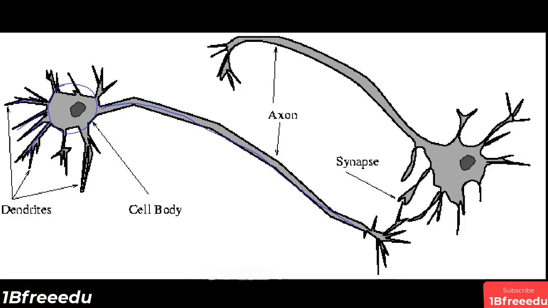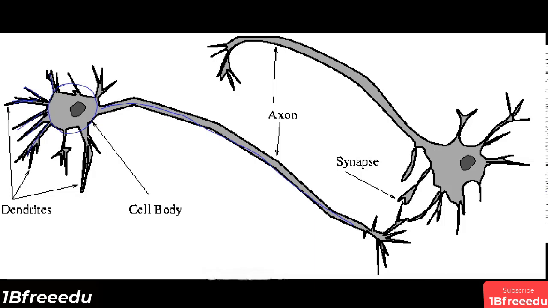So this neuron receives input through these dendrites, right? The sources of input may be other neurons. That means this neuron receives input from other neurons, or it may receive input from the sensory receptors or sensory organs like ear, nose, tongue, skin or eyes.